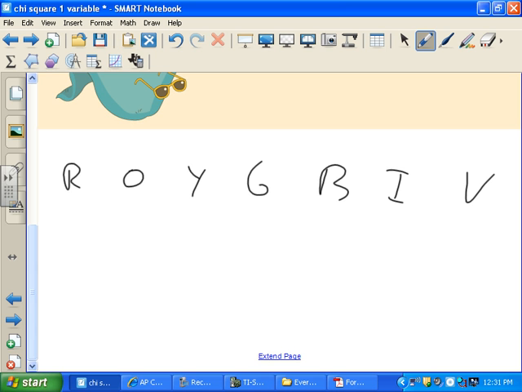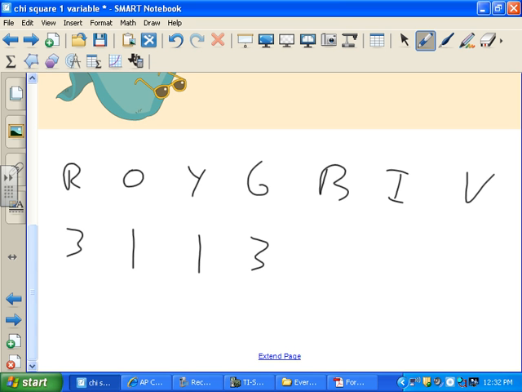Everybody votes once. We're just going to generate some quick categorical data. If your favorite color is red, stand up, please. 3. If your favorite color is orange, stand up, please. 1. If your favorite color is yellow, stand up, please. 1 yellow? Favorite color is green, stand up, please. 1, 2, 3. Favorite color is blue, stand up, please.